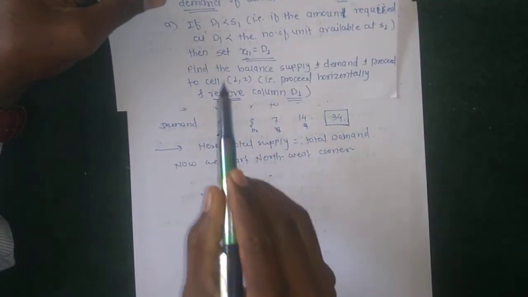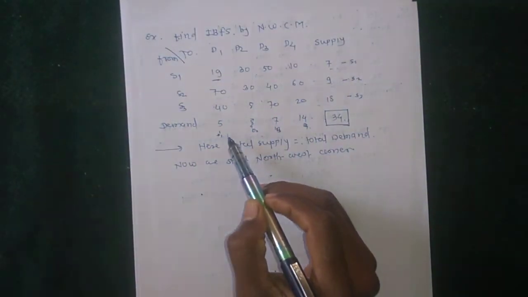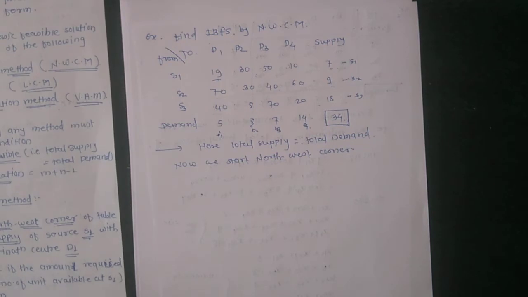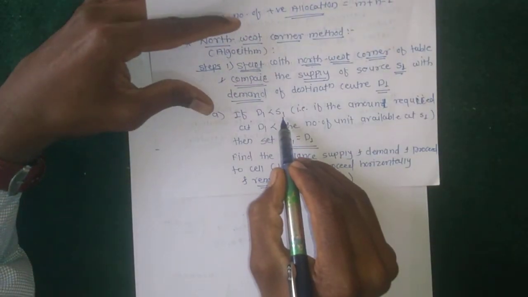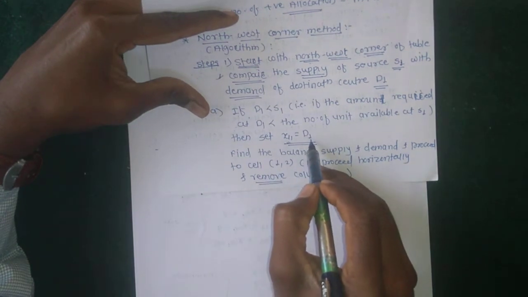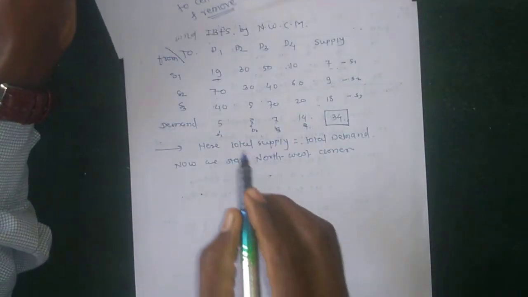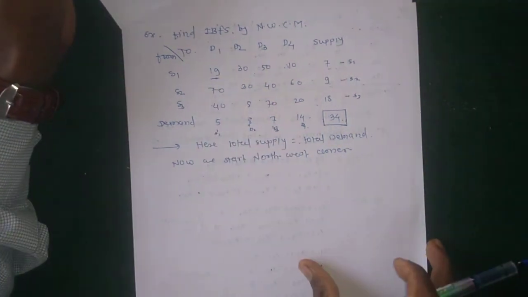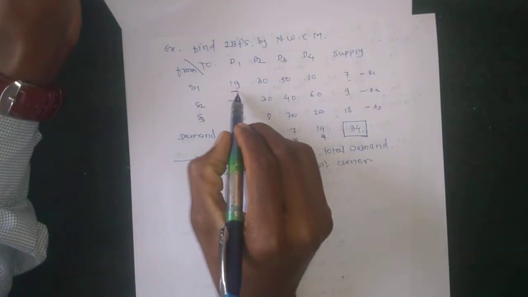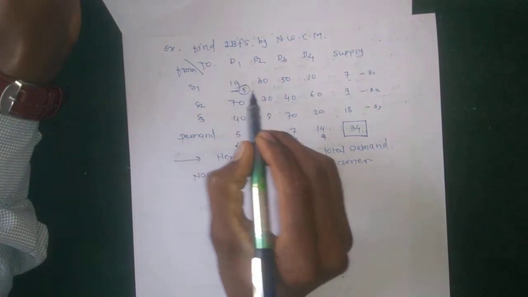When allocating D1, if D1 is less than S1: here supply is 7 and D1 is 5. Since 5 is less than 7, X11 is equal to D1. Therefore, allocate X11 equal to 5.